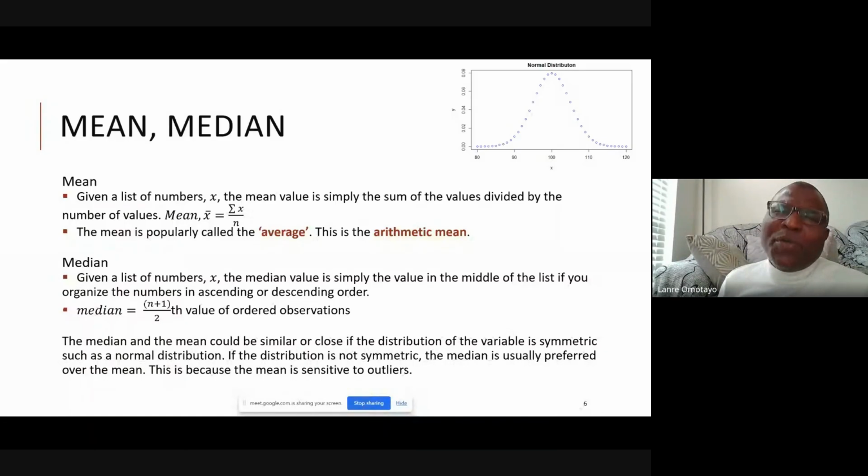Even though these are all measures that describe a data set, what exactly they tell us about the data set can be different. The only condition where they tell us the same thing about the data set is when the data set is normally distributed. We will come to that concept of normal distribution in the future.